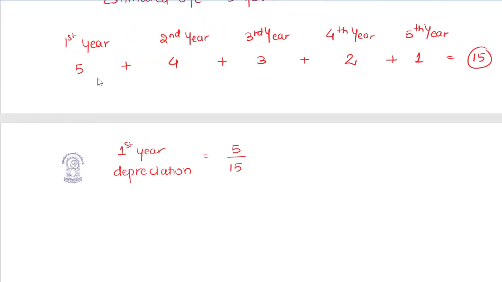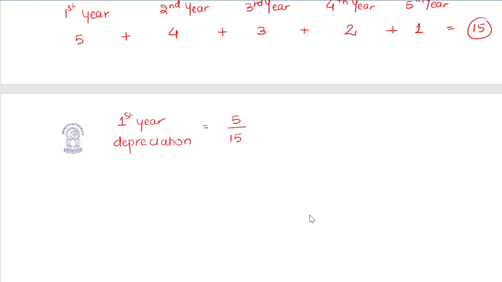Let's calculate the depreciation for the first year. The first year depreciation equals 5 by 15 multiplied by original cost minus scrap value, residual value.